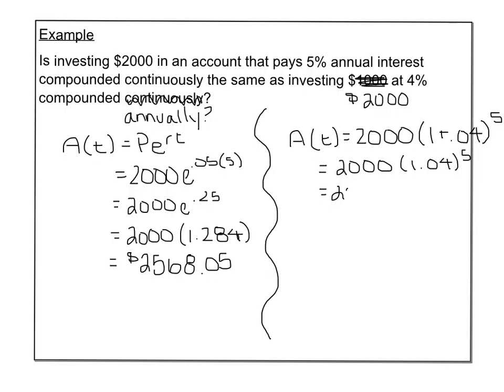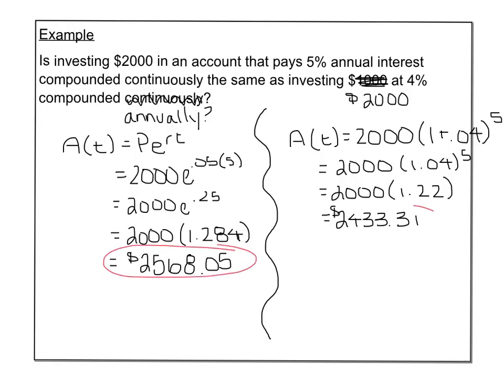So it's 2,000 times 1.22. And you get $2,433.31. So if I were going to invest, I would pick the one that's compounded continuously because you make about $135 more in that account.